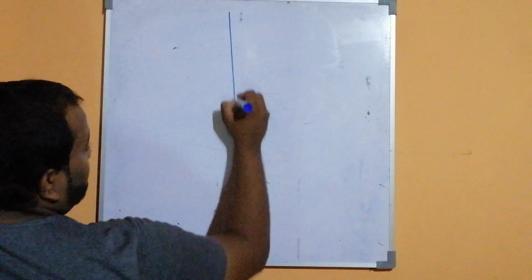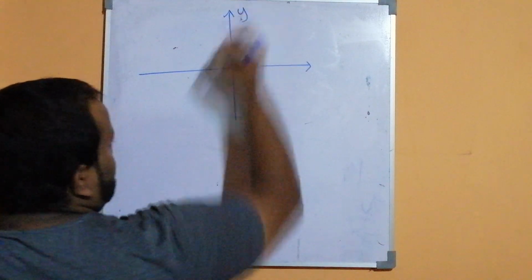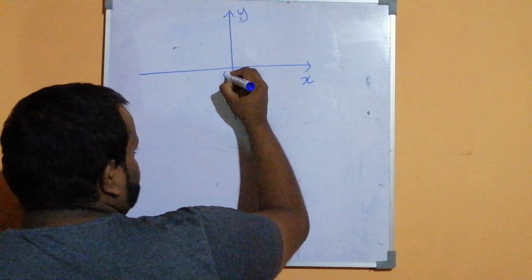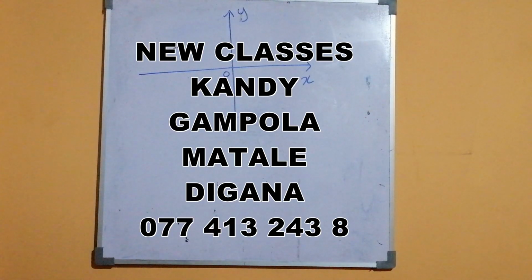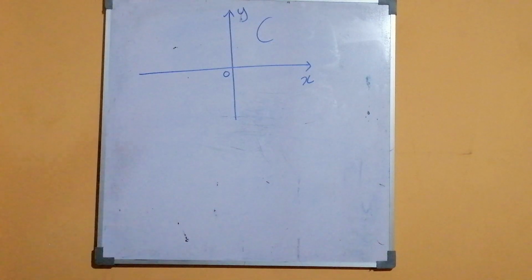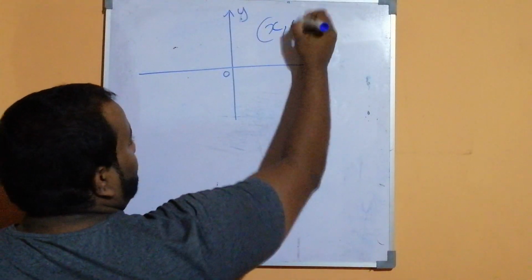To draw a graph, there should be two axes, namely the y-axis, the x-axis, and the center. The graph has two axes, y and x, and the coordinate is written in the form x, y.